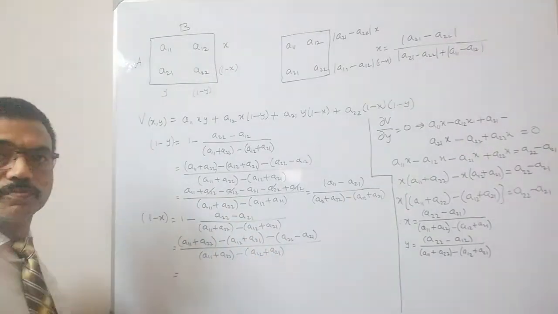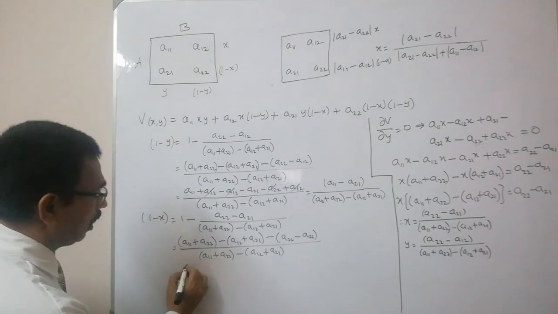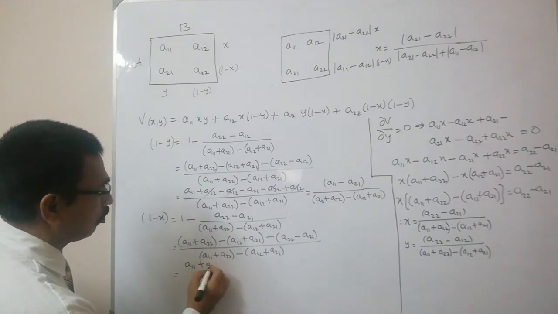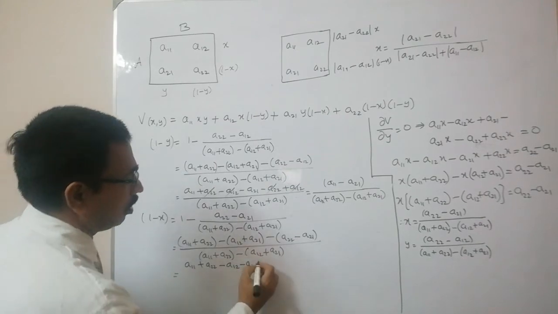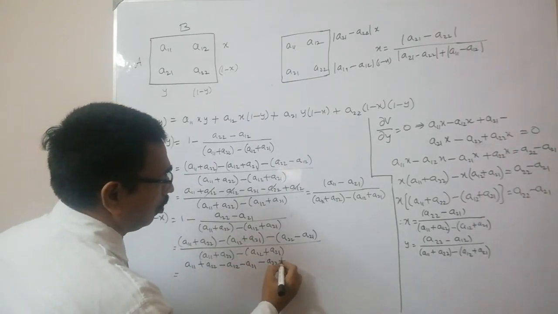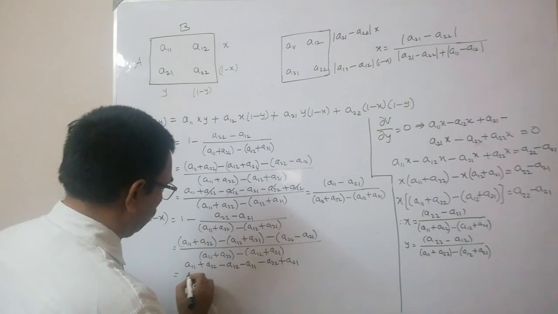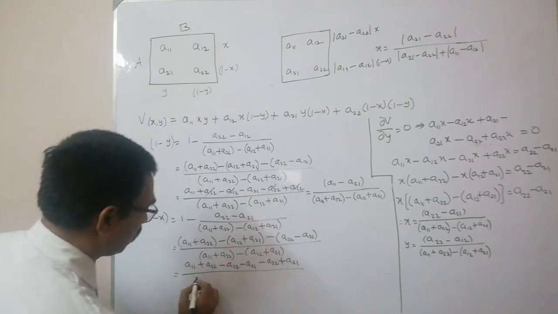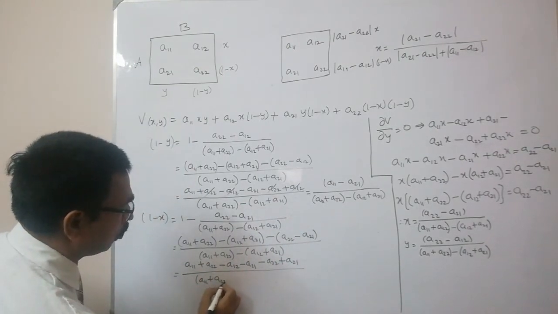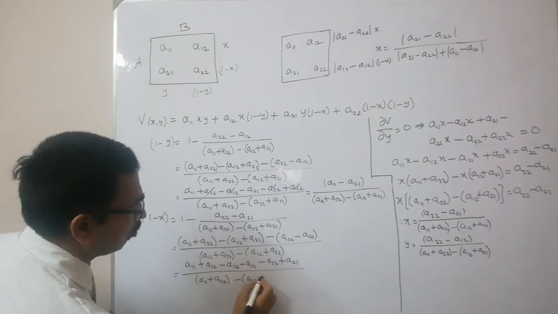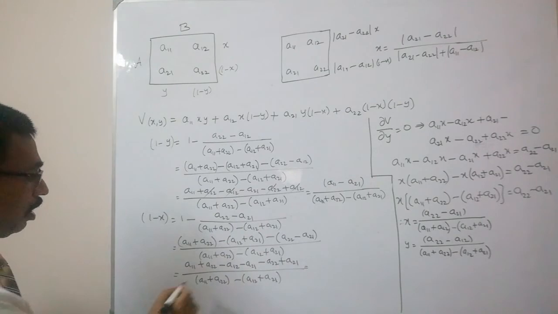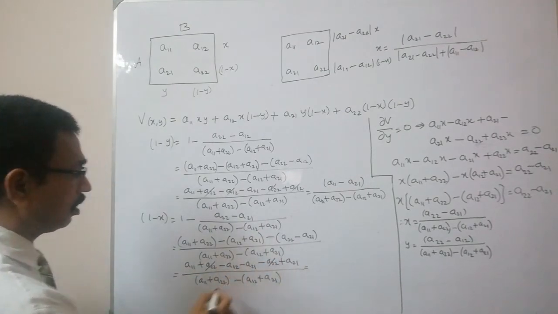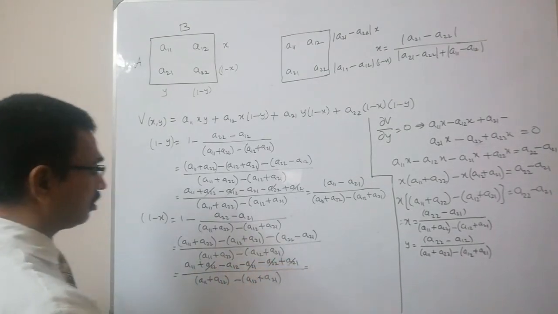This is equal to (a11 plus a22 minus a12 minus a21 minus a22 plus a21) divided by (a11 plus a22 minus a12 plus a21). Now here a22 gets cancelled, a21 also gets cancelled.